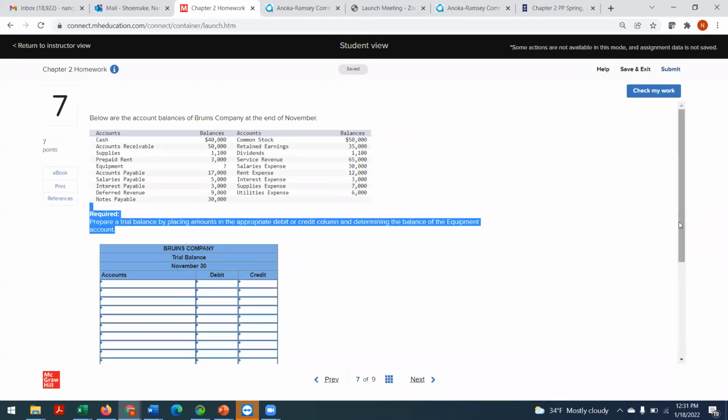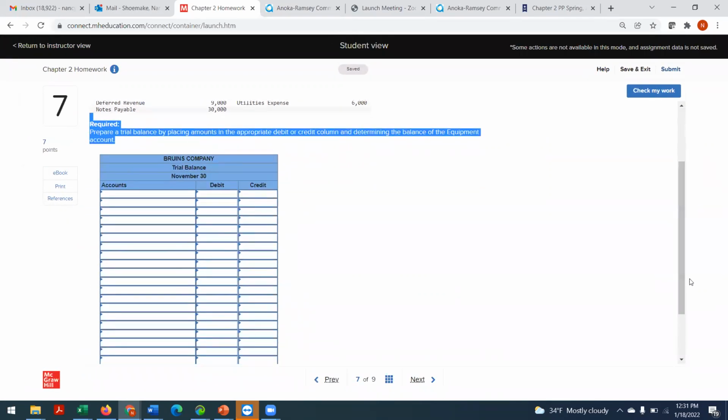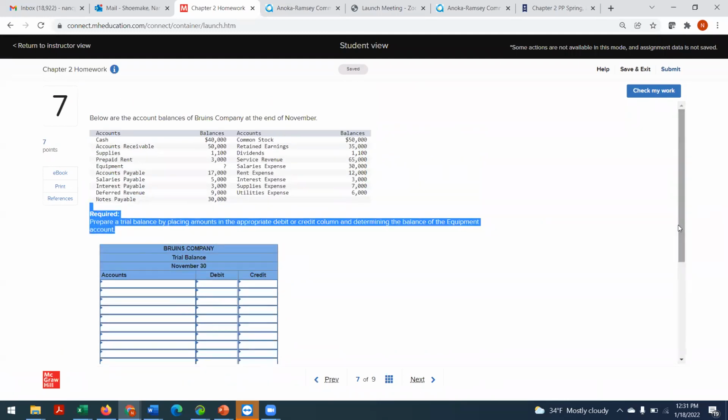Now, I want you to know a trial balance mainly consists of showing the accounts. I don't think they're going to require you to do it here, but usually you start with assets, and then you do liabilities, then you do stockholders' equity, then you do revenues, and then you do expenses.